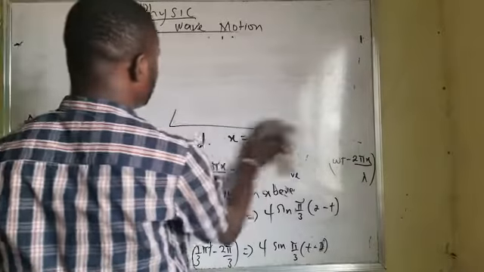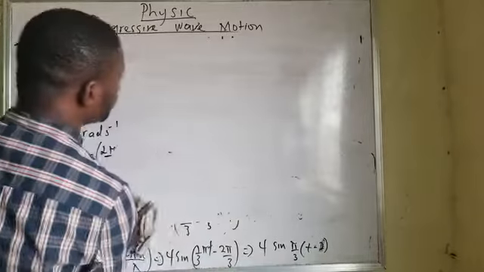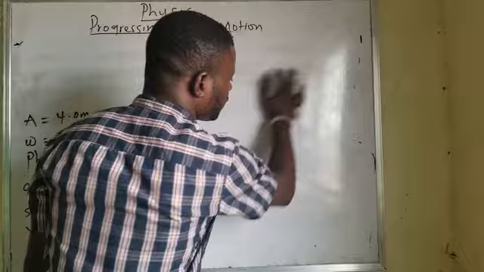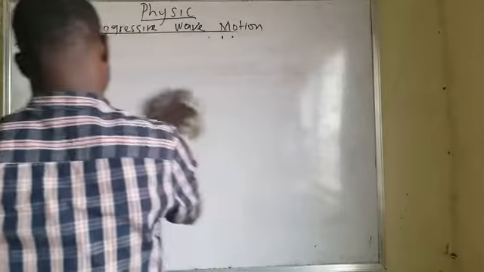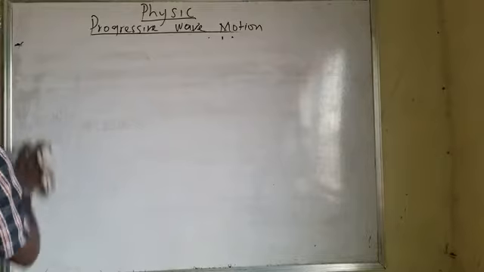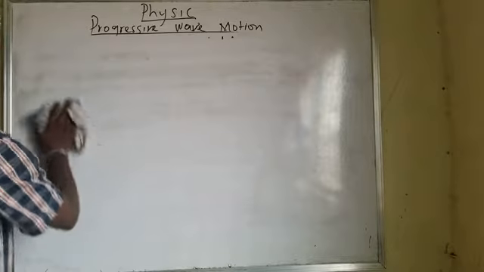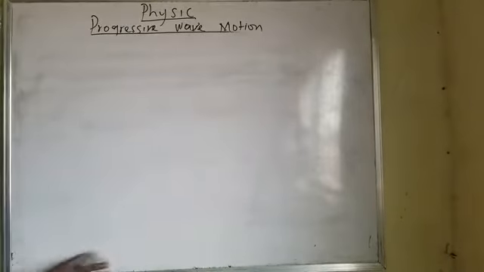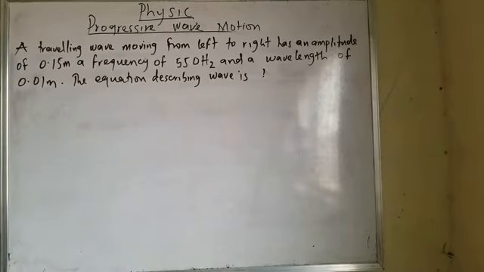Progressive wave. Okay, last example that will really help us to understand progressive wave very well. Now, look at this question. Let me try to work on this question before I end this section.